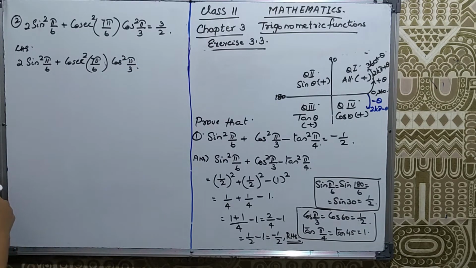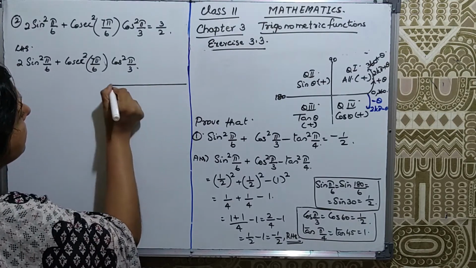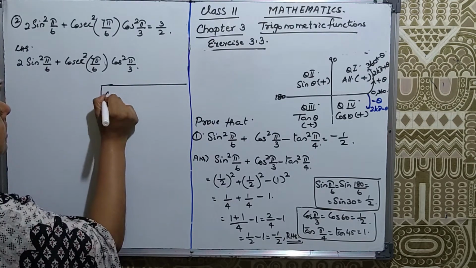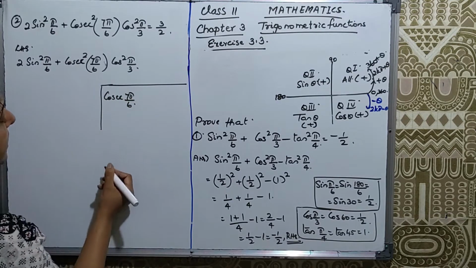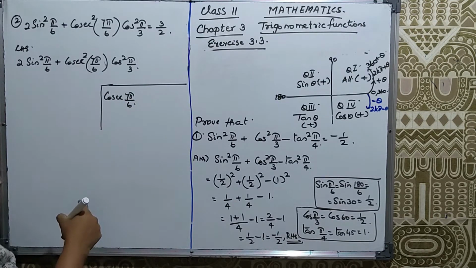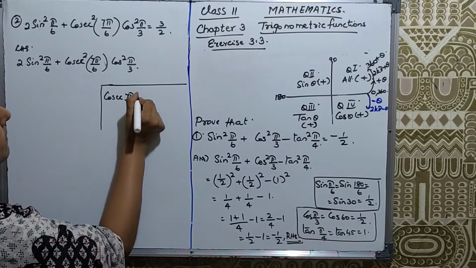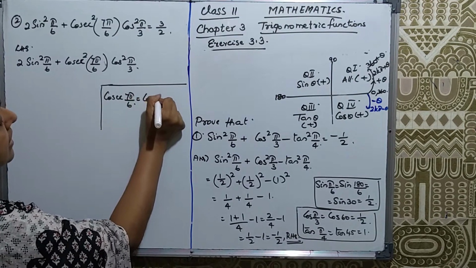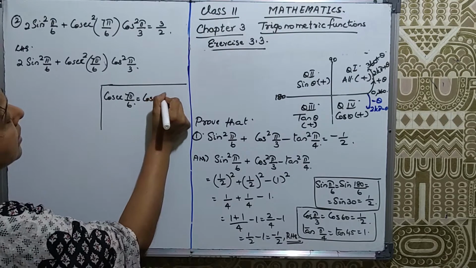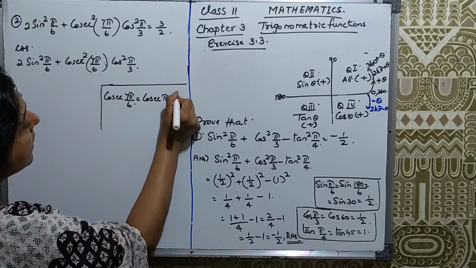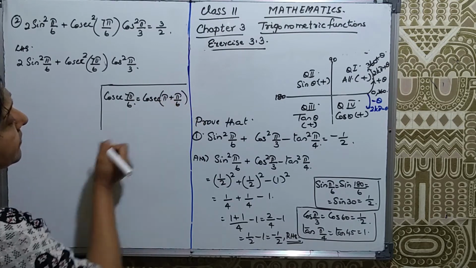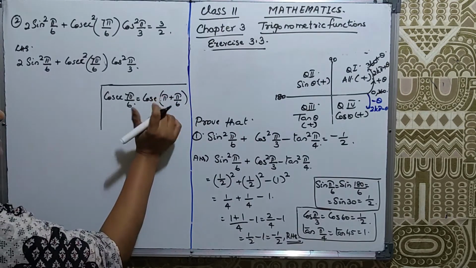I'll write the value for cosec 7 pi by 6. Cosec 7 pi by 6 can be written as cosec of 1 pi plus pi by 6.